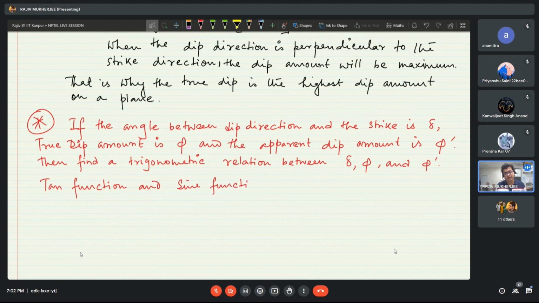The answer will be like tan of something is equal to tan of something and sine of something. One thing you already know is that phi dash will be a function of sine delta, right? That I told you. So that part is clear. Then you have to figure out which of these will have the tan and so on, right?